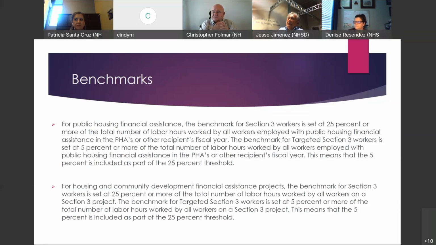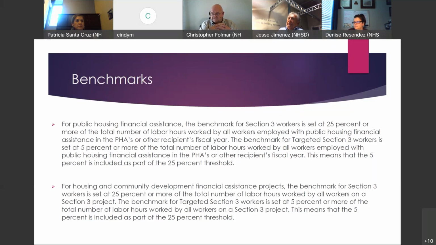What it tells us is that a minimum of 25% of labor hours on any given project must be qualified Section 3 hours. Of that 25%, 5% must be applicable to targeted Section 3 workers. Targeted workers are not an additional 5% over and above the 25% minimum Section 3 hours. They're part of the 25% minimum.